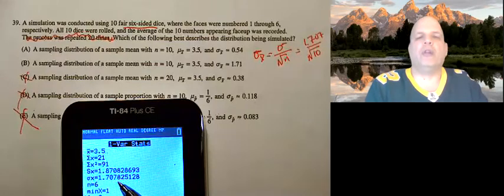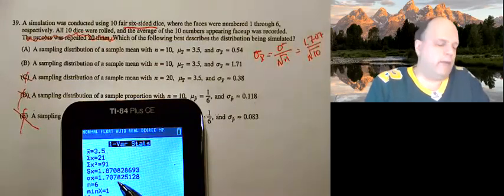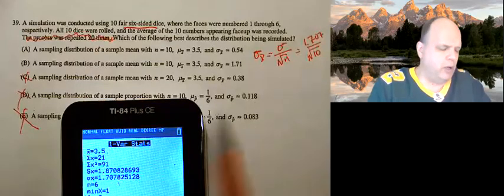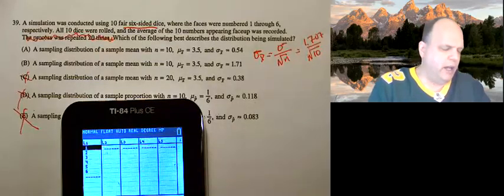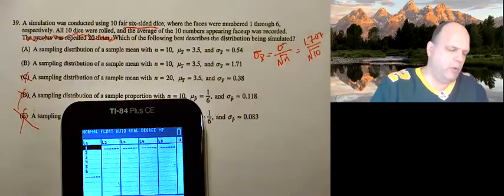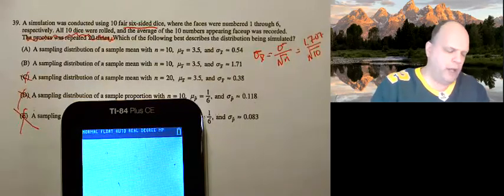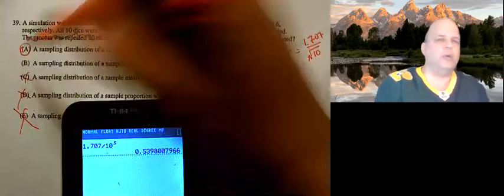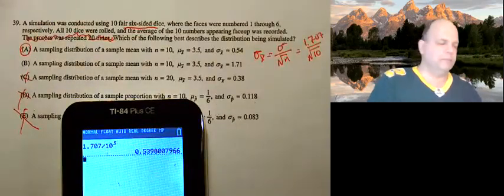The reason is that if I have a 6-sided die, it doesn't matter how many times I do it, all 6-sided dice have that standard deviation. All 6-sided dice are going to have 1.707. So it's not a sample. That is what the population has. So 1.707 divided by the square root of 10, and I end up getting about 0.54. My best answer choice is A.